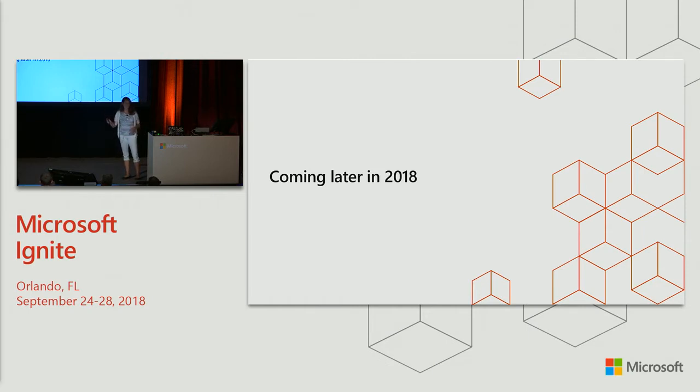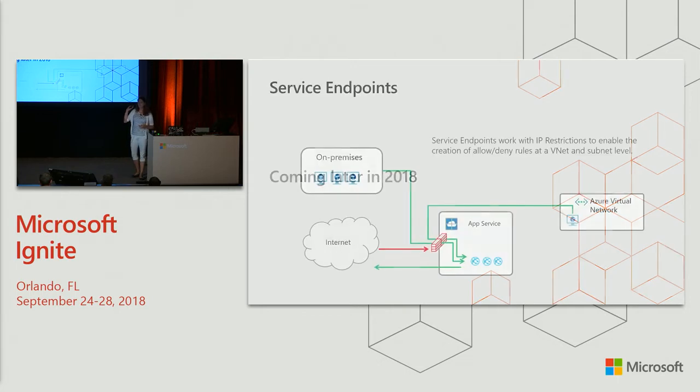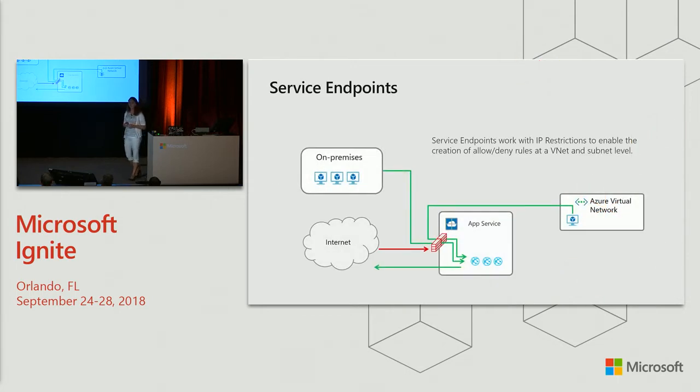Was that enough? Does anybody want to hear what else is coming? More? More? God, like my kids. All right. Service endpoint support. This will allow you to lock down access to your web app from your VNet or sets of subnets. The way we've implemented it is a little different than what you see elsewhere.